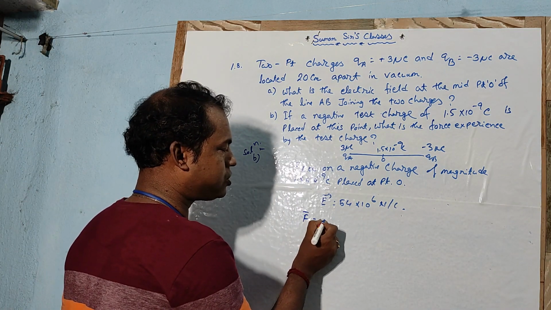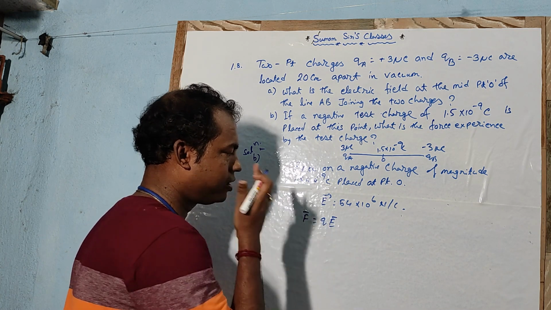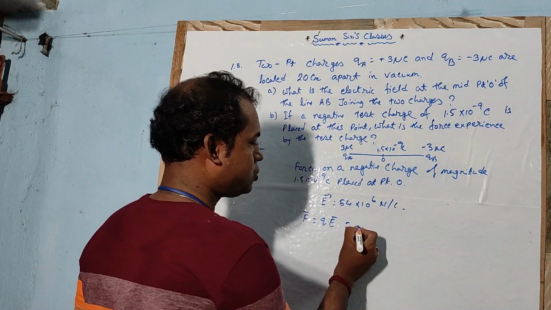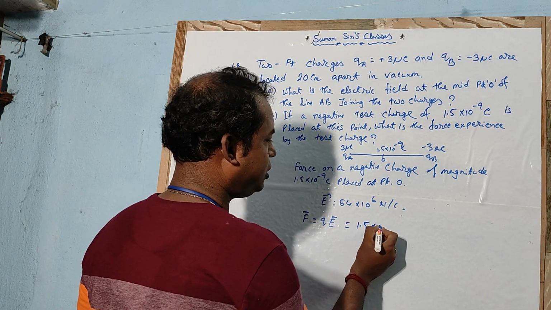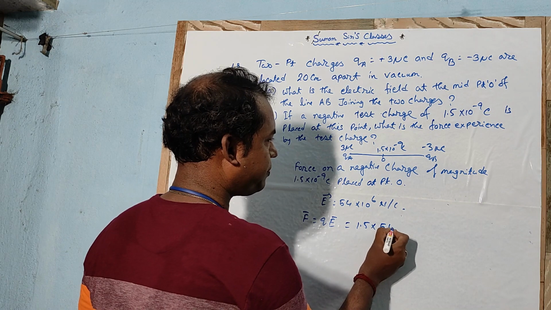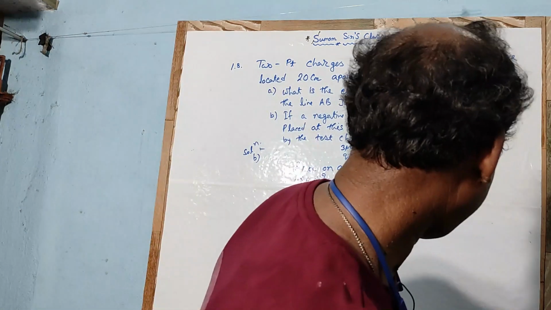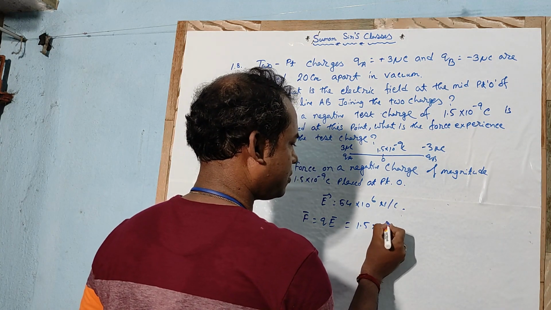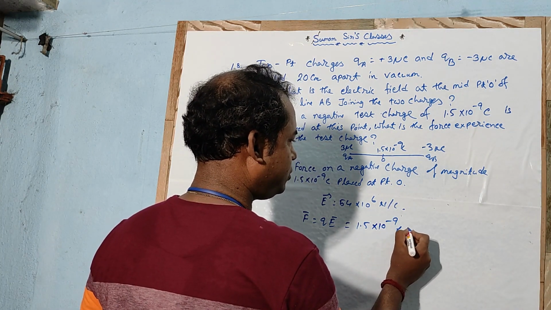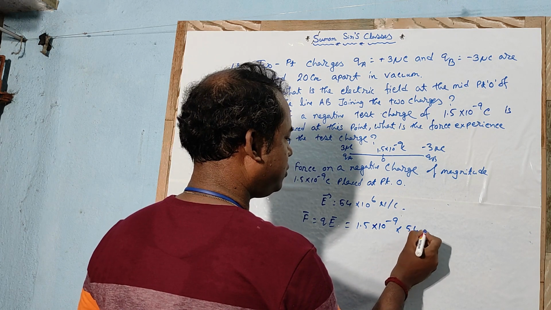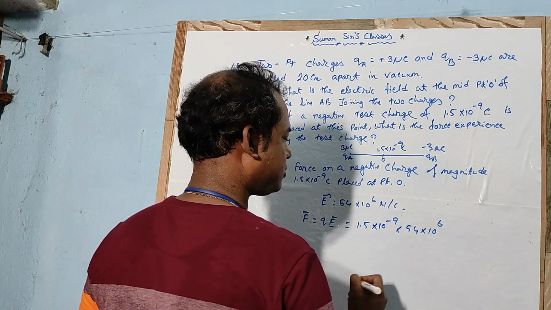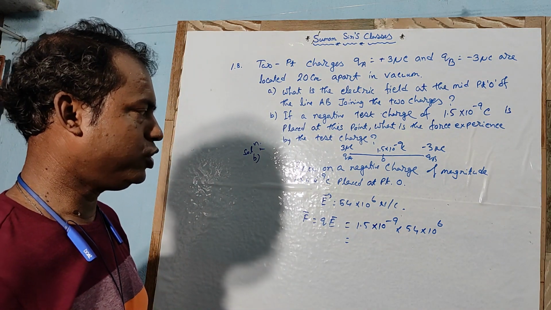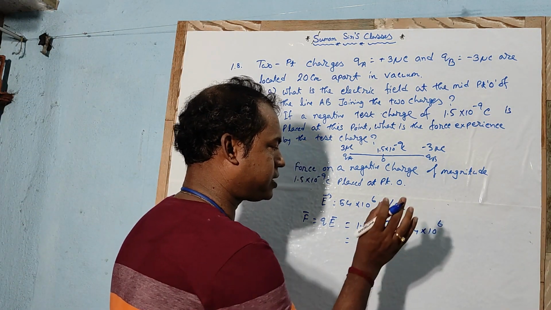Total force F equals Q into E. The Q value is given, that is 1.5 into 10 to the power minus 9, into 54 into 10 to the power 6.